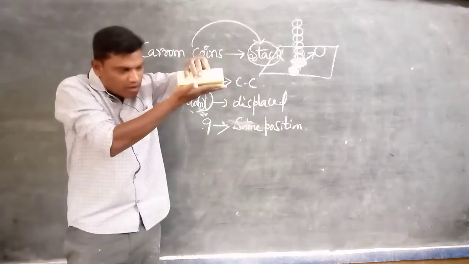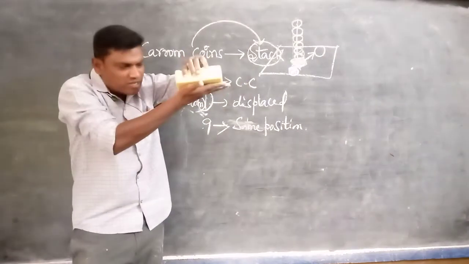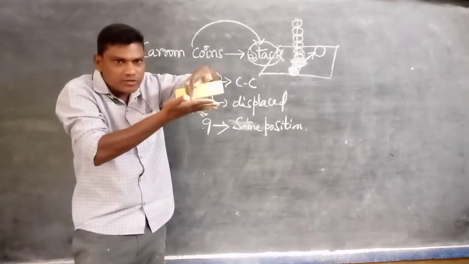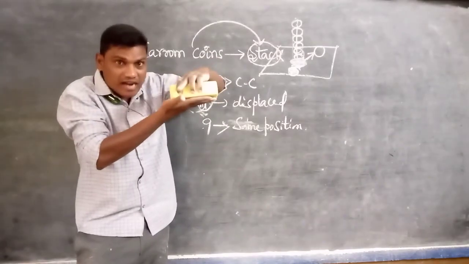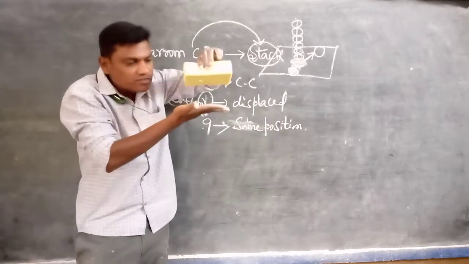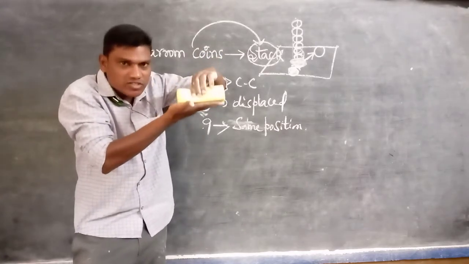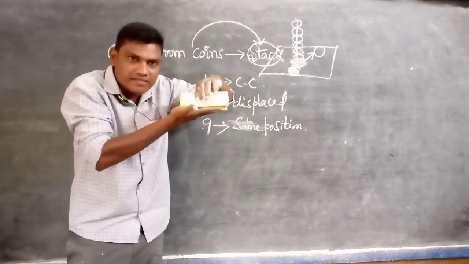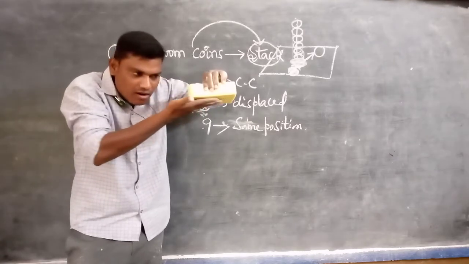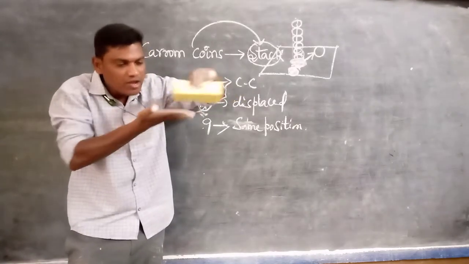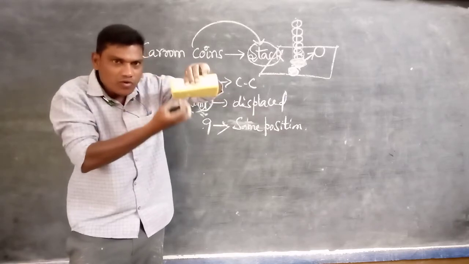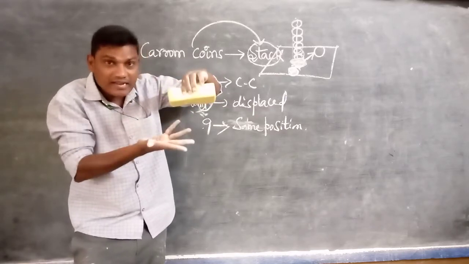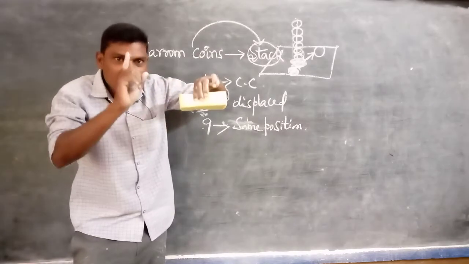Listen very carefully. If the bottom coin is displaced, you apply the force on which one? The bottom. The bottom comes out sharply, and already these two are in physical contact. Between these two, contact force is acting. When the bottom coin goes outside, some force is acting on the upper coin by the bottom, but still it is in the rest position.